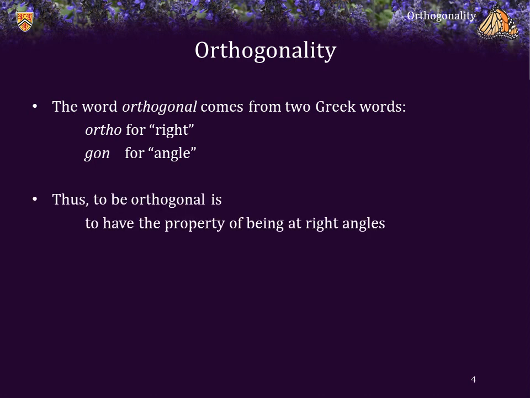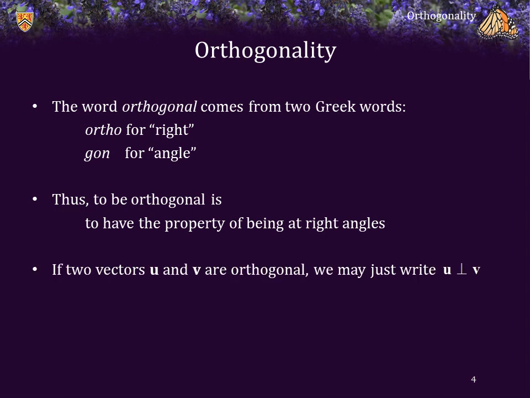Thus, to be orthogonal is to have the property of being at right angles. Now, if two vectors u and v are orthogonal, we may simply write u is perpendicular to v.